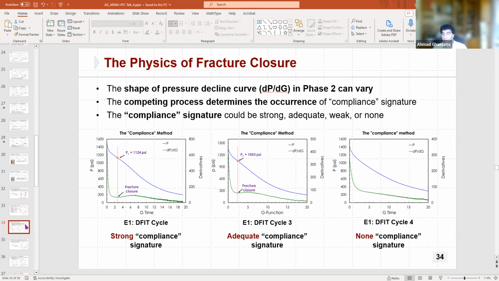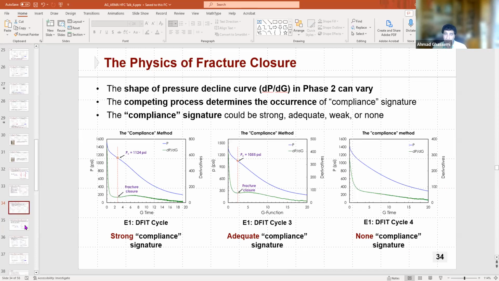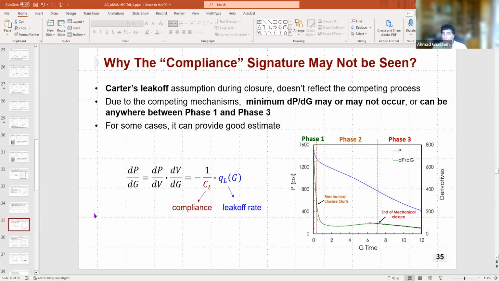Sometimes the signature is okay, it's adequate, and at times we do not see one. So that poses a challenge in terms of how can we apply the technique with confidence?